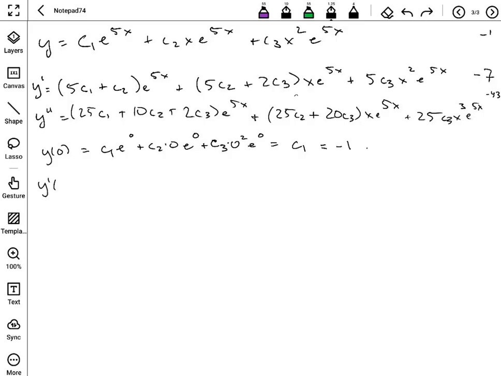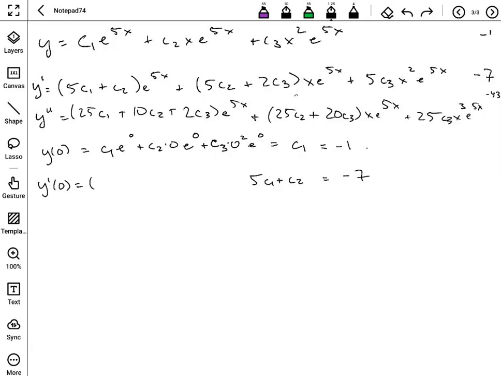Then y prime of 0 is going to be only this term stays. The others multiply by x, which is multiplying by 0, so it goes away. So I've got 5c1 plus c2 times e to 0, which is just 1. And that's minus 7.